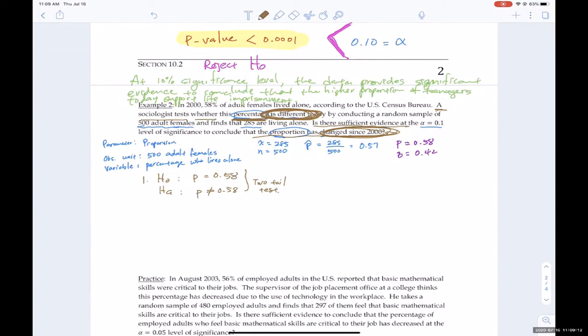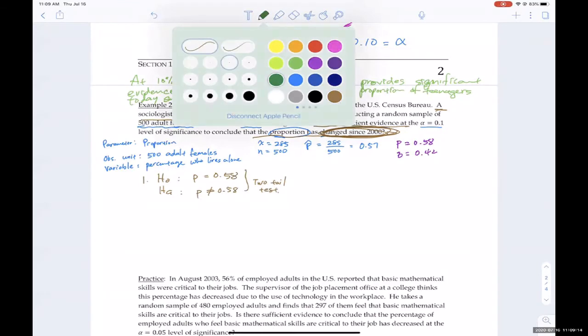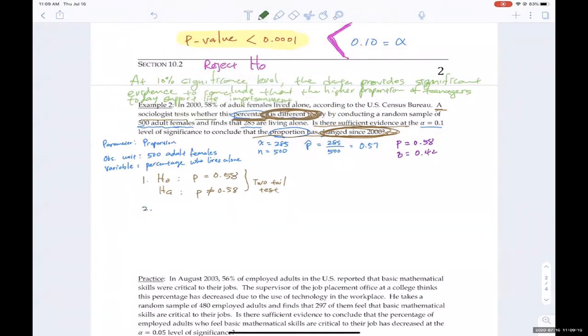Step number 2, identify your significance level. If they don't give you the significance level, most of the time we have a default significance level of 5%. But if they give you the significance level, then we have alpha equals 0.10. That's your significance level. A lot of the time, if we're dealing with two-tailed tests, we cut this by 2 and we have 0.05.